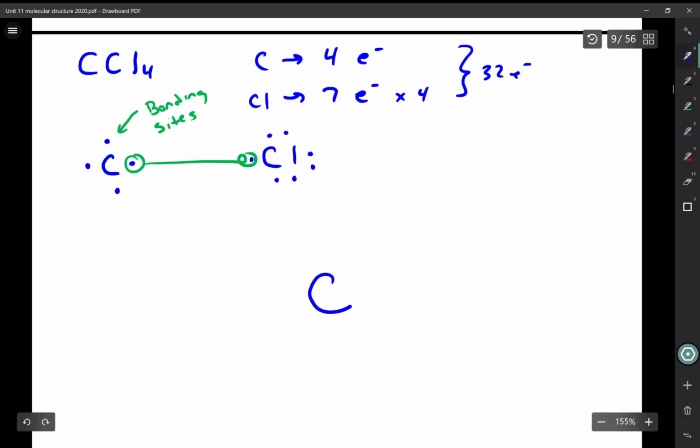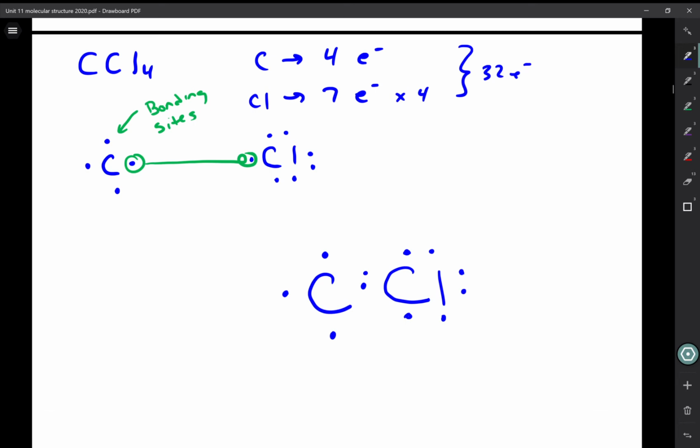So if I rewrite this, here's our carbon with our 4 valence electrons. All right, if we show what's going on up here, our 1 chlorine is going to go there, and we're going to add the 7 electrons to that. We're going to do the same thing with the other 3 spots. Remember, you have 4 chlorines to add on here.